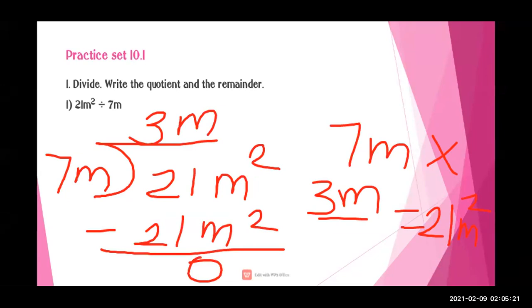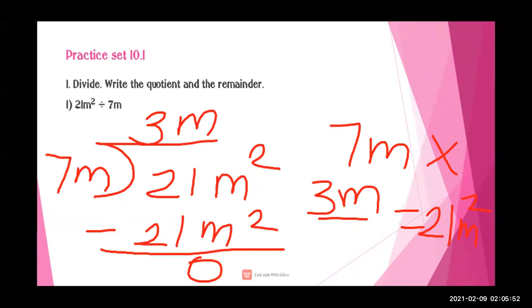See why I have told you to write this in a working column, because you have to understand what number should come when we multiply 7 by m and the answer is 21m square. Once again, 7 threes are 21, so the number will be 3, so in the dash I put 3. In 7m only 1 m is there, but in the answer there are 2 m, so 1 more m we have to take.